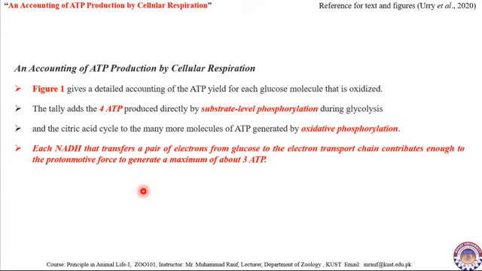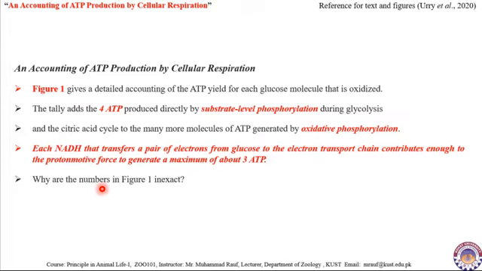Then these protons from the intermembrane space return back to the lumen through ATP synthase, and in this process ATPs are synthesized. So these two processes, the transfer of electrons from one carrier to another and the synthesis of ATP via ATP synthase, are two different processes.